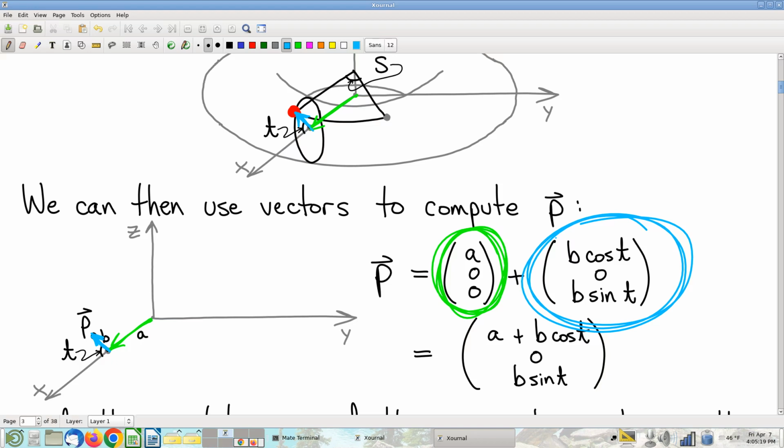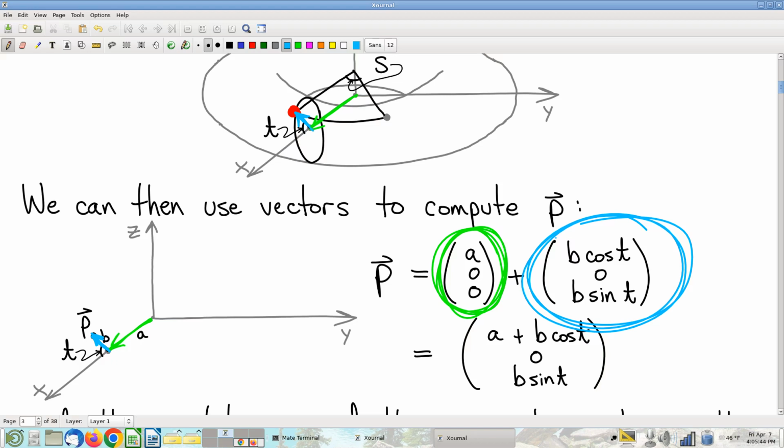Given that angle, t, a little bit of trig on a little right triangle down there. Of course, this vector is parallel to the xz plane, so the y coordinate is 0. To do the appropriate trig, you get this right here. Does that make sense to everybody? Good geometry and trig exercise to persuade yourself of that.